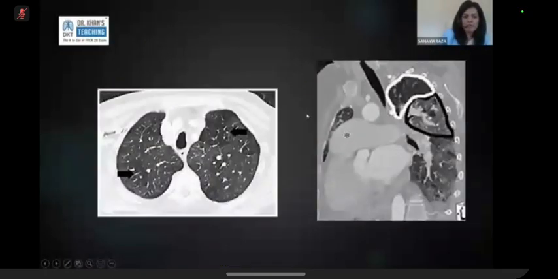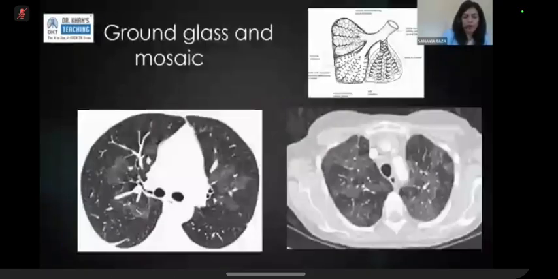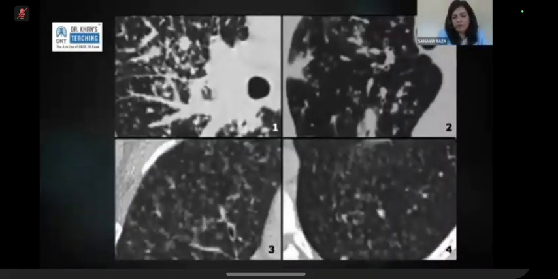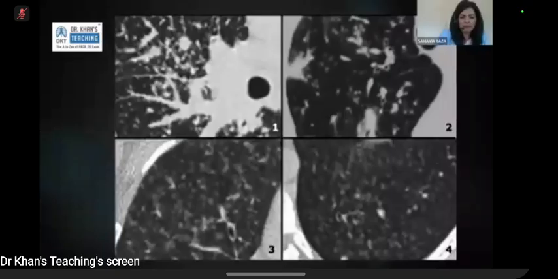So going back to the distribution of nodules, this slide gives you 4 different sorts of distribution of nodularity. So this is the first one I was talking about. If you look at the fissure straight away, you can see that the fissure is irregular or nodular.